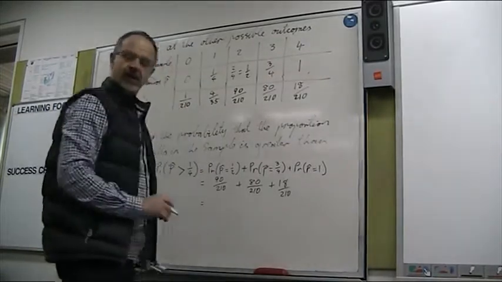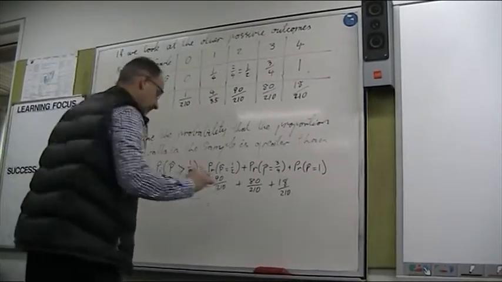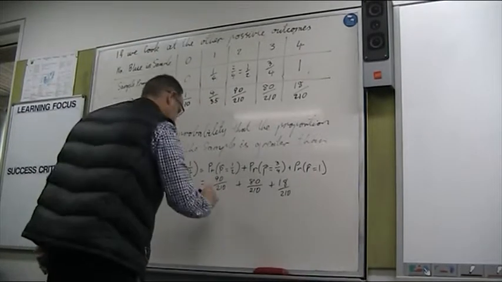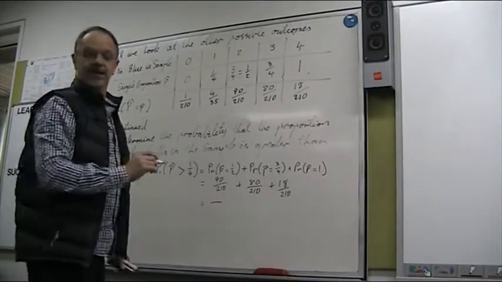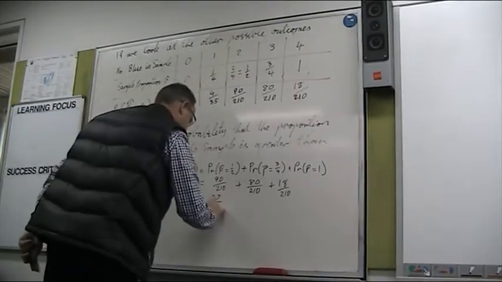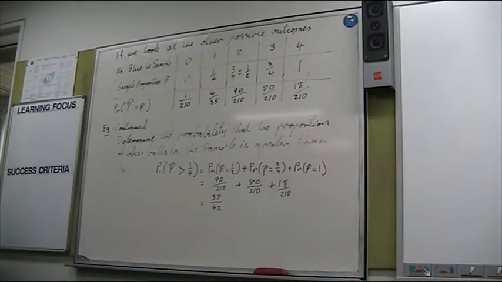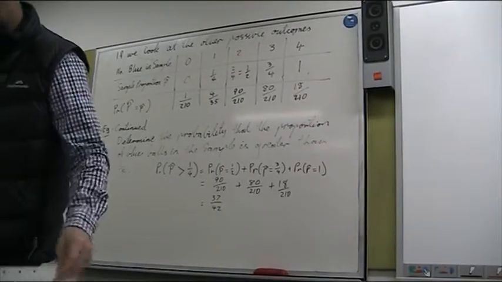And when you add all of that up and cancel, as I have prepared earlier, you get 37 over 42. So looking at that, there's a pretty good chance that you're going to get more than one ball in your sample. Okay.